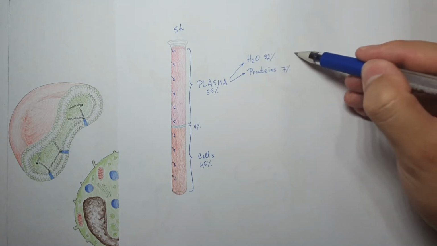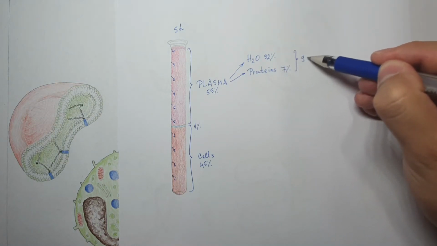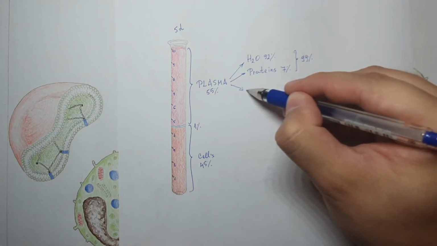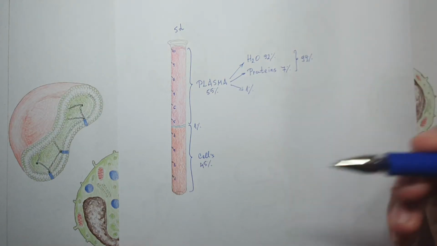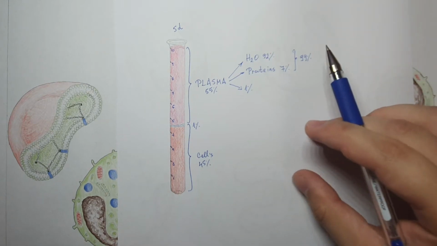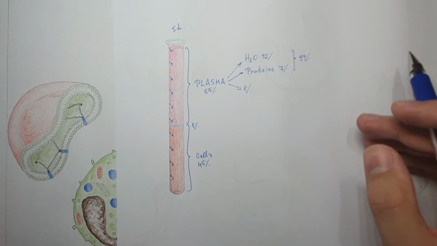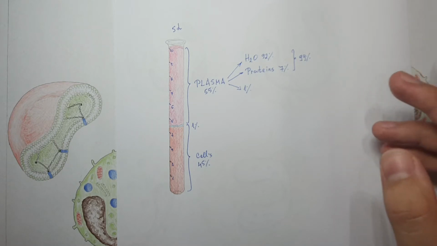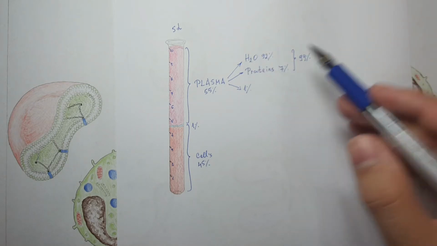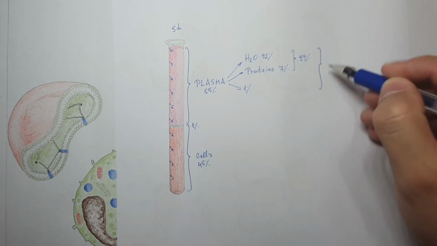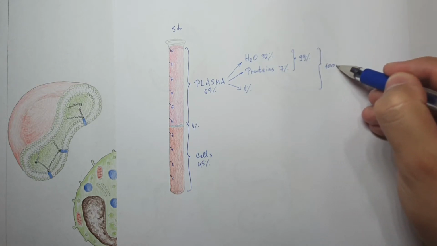So together they are 99% of the structure of plasma. There is 1% left. Even though this 1% is small, it is very important because it represents ions, nutrients, hormones, gases, and everything else that is not here. So this is basically the structure of plasma.